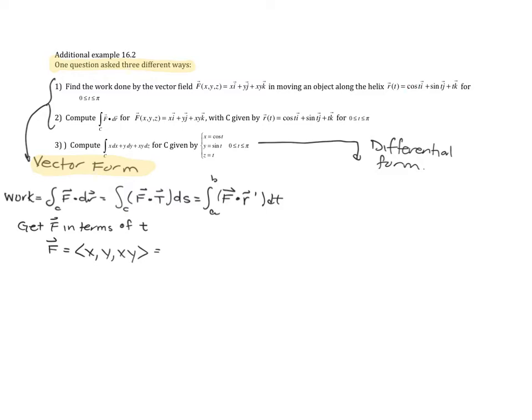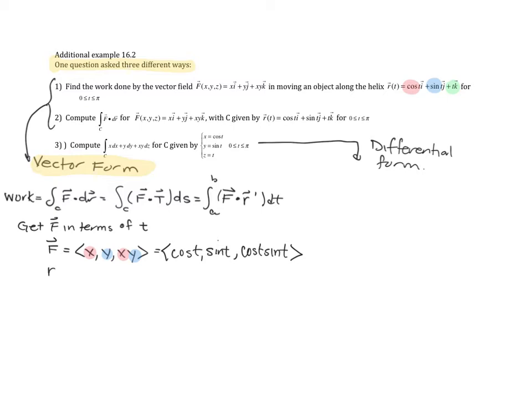This is my x, this is the y, and this is the z. So putting in for x and putting in for y, and there is no z to substitute for, we would get x equals cosine t, y equals sine t, and xy equals cosine t sine t. So there's F as a function of t.